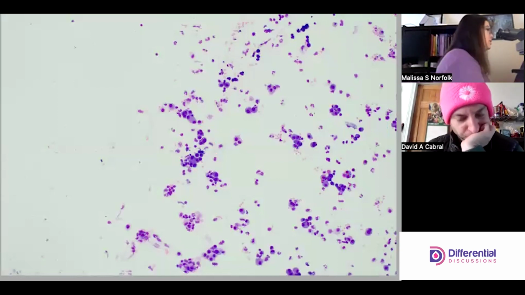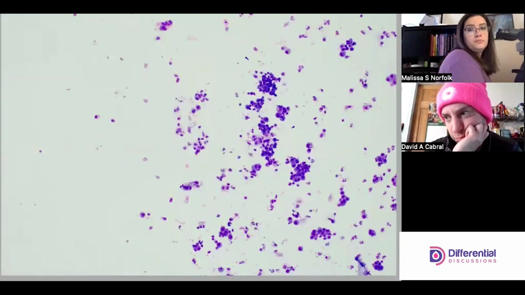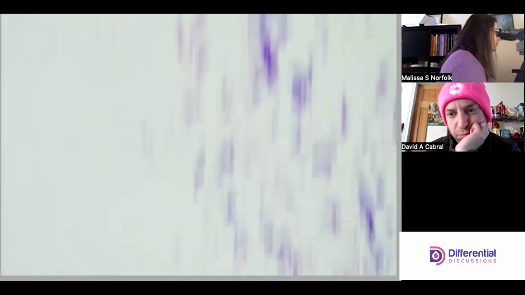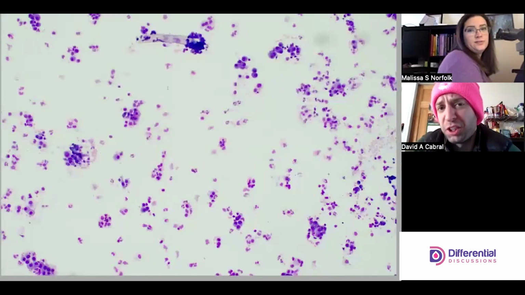Let me move around a little bit, see what else we get. Some more darker colors there. Darker could mean scary things, or sometimes it could just mean something benign.